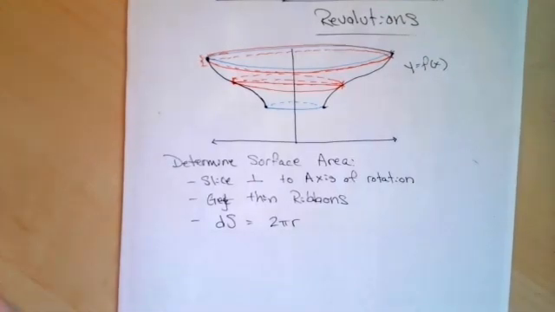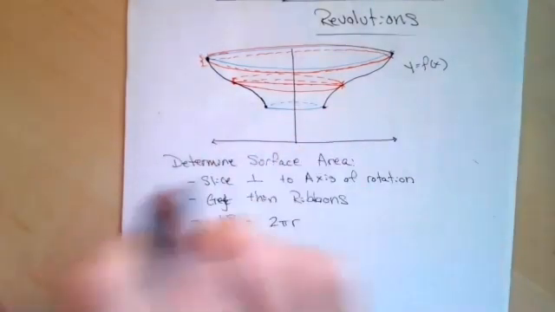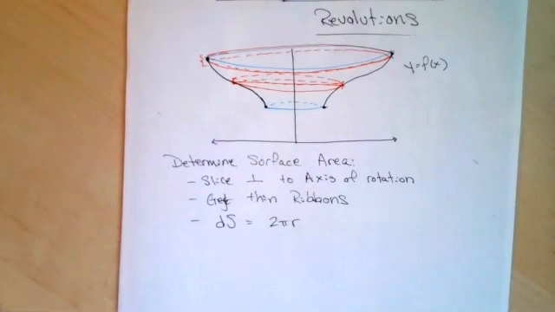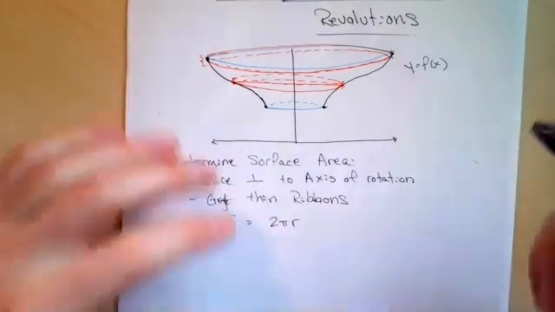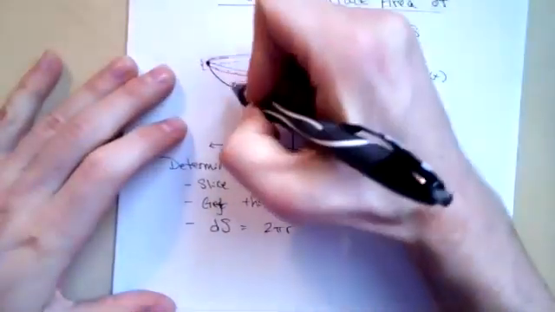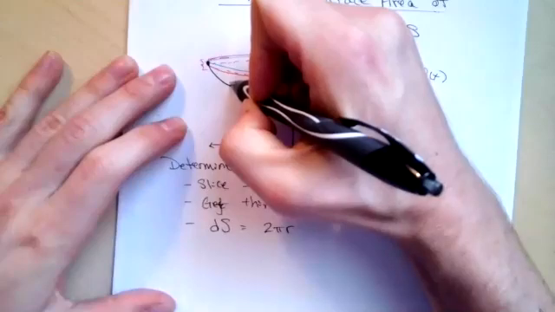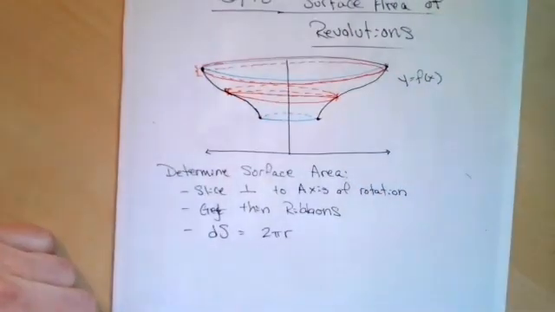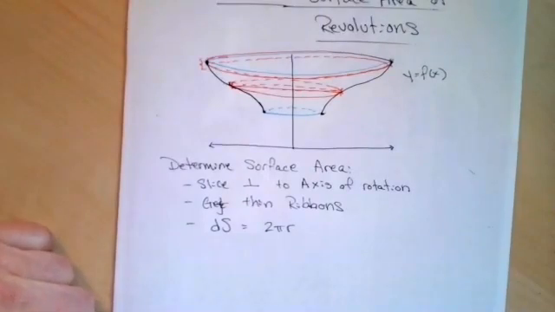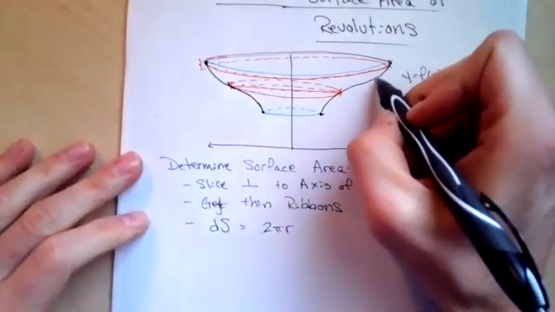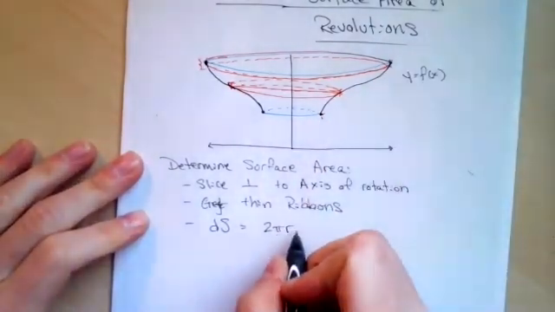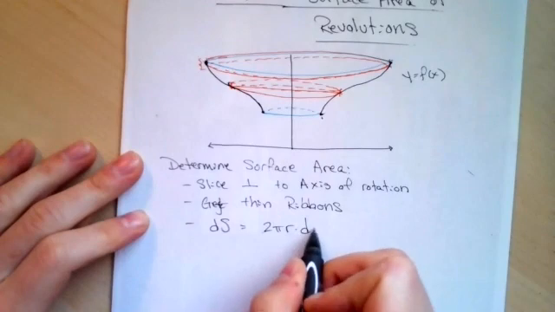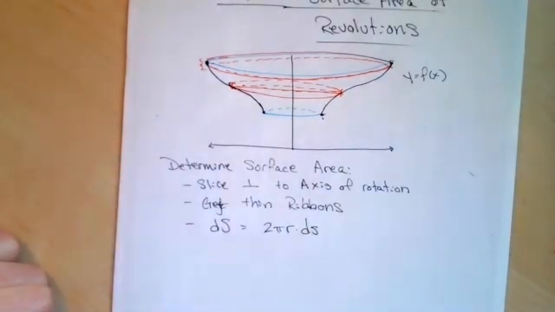And now we've got to be careful, because even though we're slicing up horizontally, we want to be a little more precise with surface area in that our slices aren't necessarily going vertically. These ribbon threads aren't necessarily vertical because of the shape of the function. So what we're actually going to have is the distance.